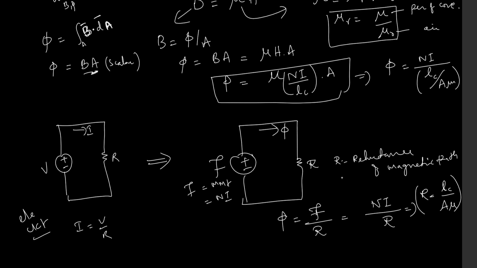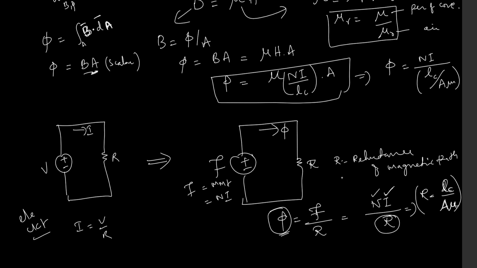Okay, so now I can change the flux in the core by changing the number of turns, or by changing the current passing through the coil, or I can also change this flux by controlling the length of the core or the cross section of the core, or I can change to a material of different permeability.